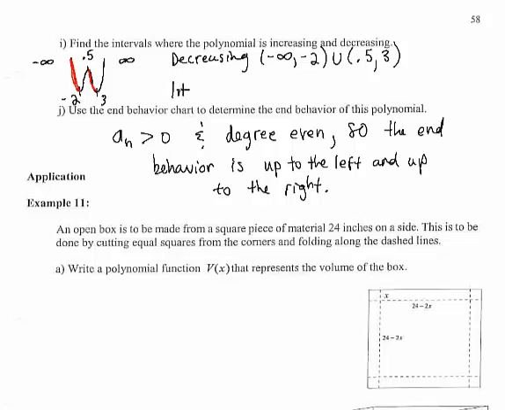As for the increasing intervals, we simply have the other two segments of the W. Here is our first one in the green between -2 and 0.5, and then to the far right on out to positive infinity, from 3 to positive infinity.